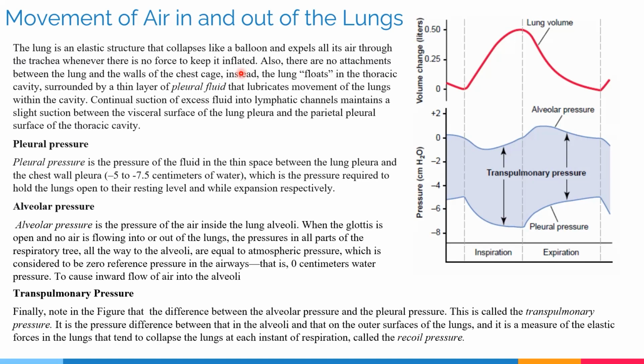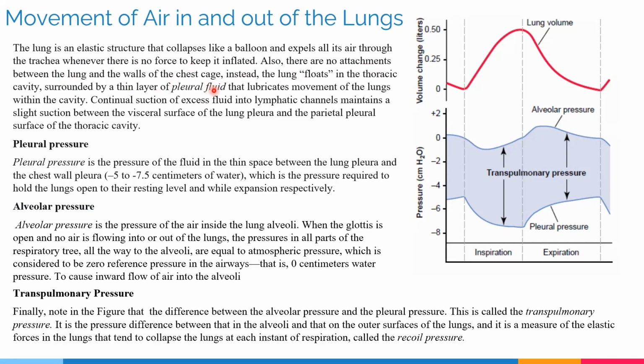Whenever there is no force that is keeping it actively inflated, whenever the trachea, which is the windpipe, is open, all the air that is present in the lung can simply escape and thus deflate the lung completely. Also, we have to keep in mind that there are no attachments between the lung and the walls of the chest cage.